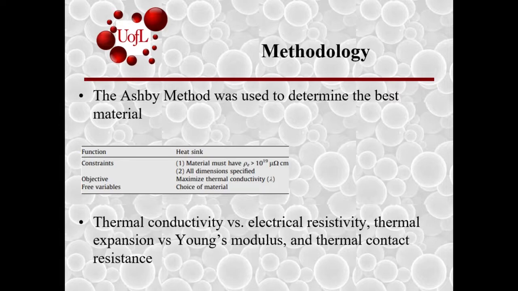The objective was to maximize thermal conductivity so that heat sinks could more easily dissipate the thermal energy produced by things like microprocessors. The different material properties evaluated in this study were thermal conductivity versus electrical resistivity, thermal expansion versus Young's modulus, and thermal contact resistance.